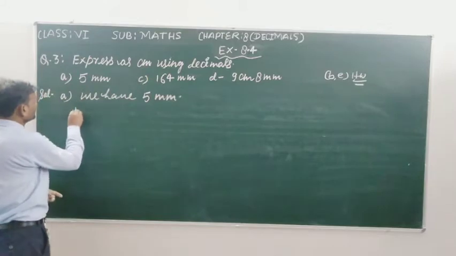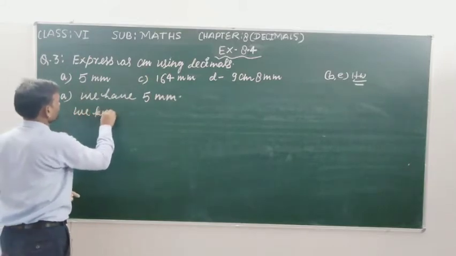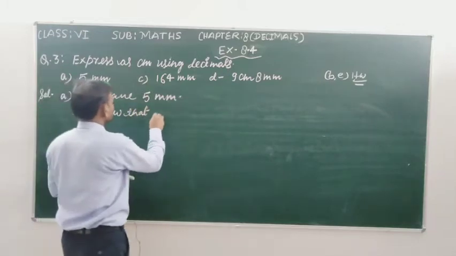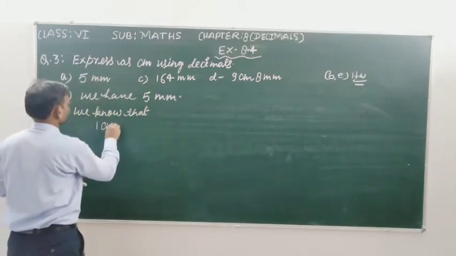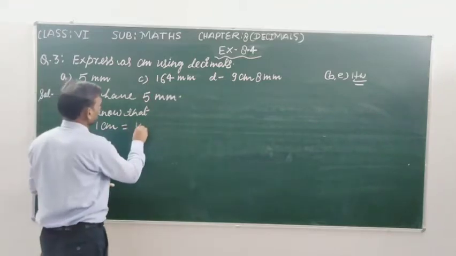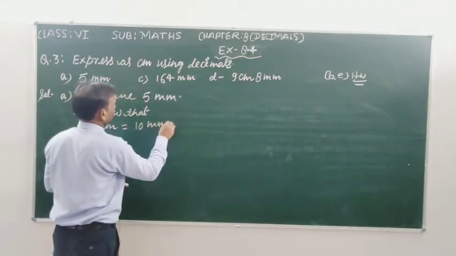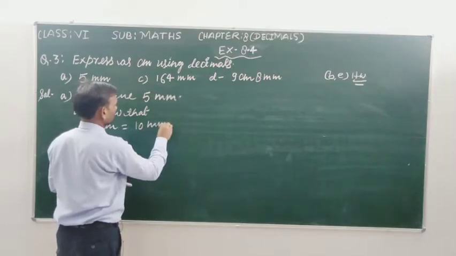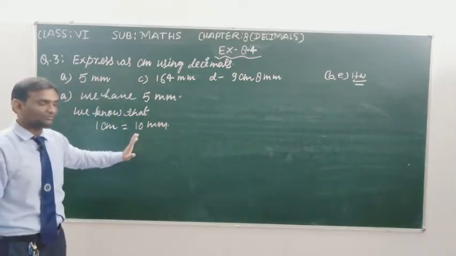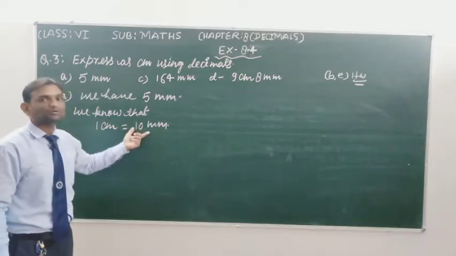So we know that 1 centimeter is equal to 10 millimeter. Everybody knows 1 centimeter is equal to 10 millimeter.